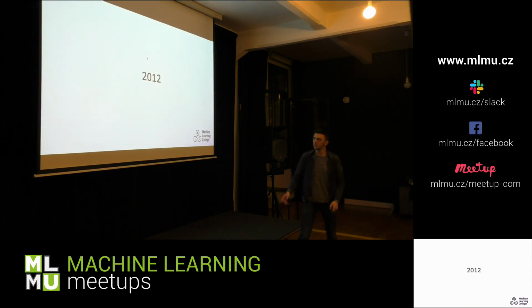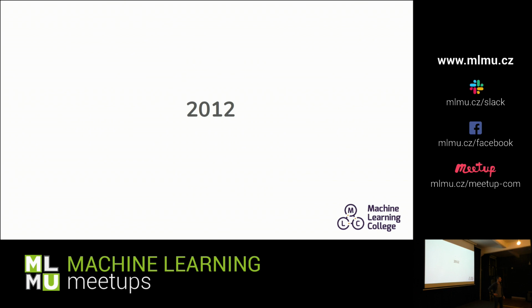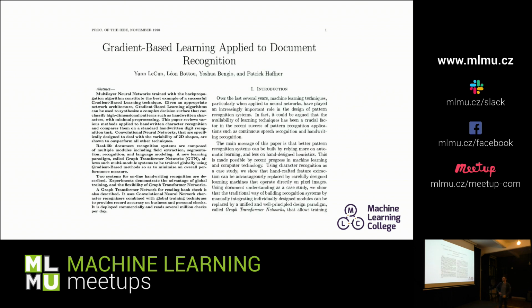But before we jump in, I would like to go back to 2012, where everything actually started for deep learning over images, when Alex Krizhevsky, who was a student of Geoffrey Hinton at Stanford, had a quite good idea to revisit one of the old ideas of Yann LeCun, who is currently, I believe, the head of research at Facebook.